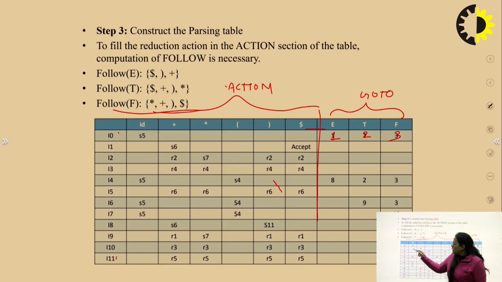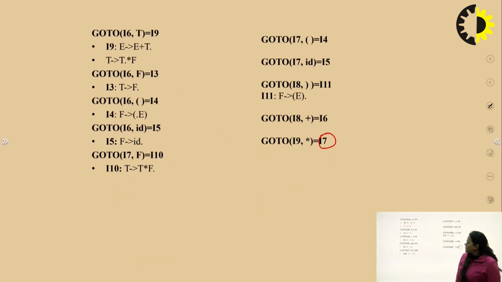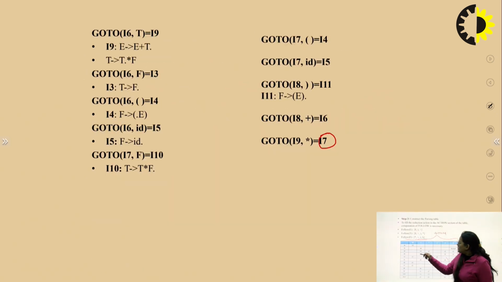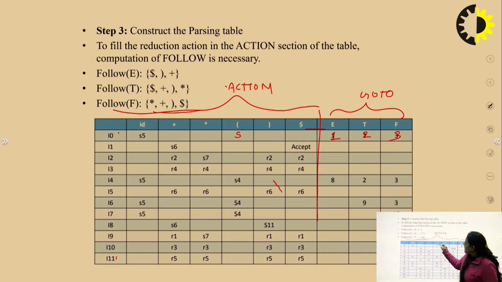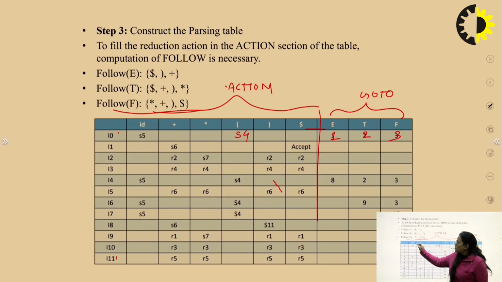So I0 to open bracket, we put S4. Next is I0 to ID, then I5, so we make entry S5.